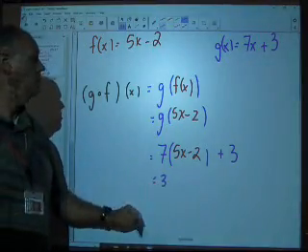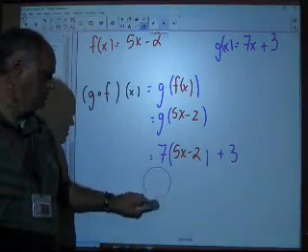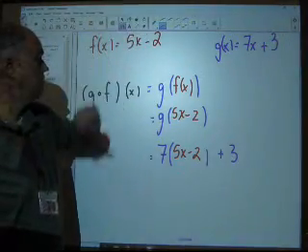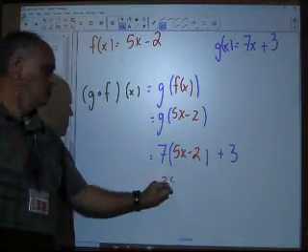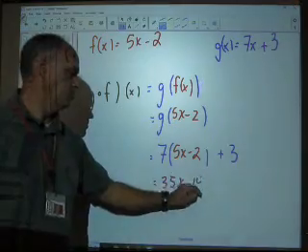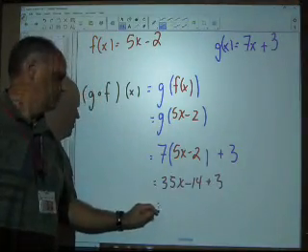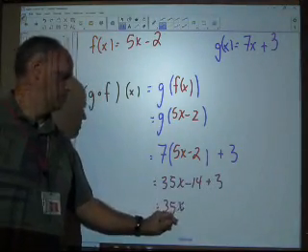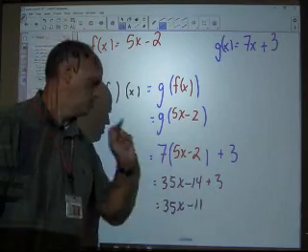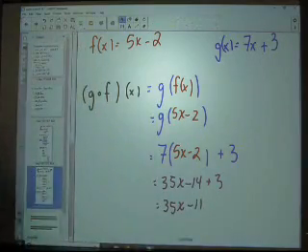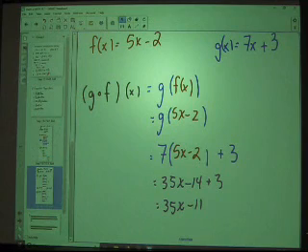So something like, I didn't like what I did. Is that what you got? 35x minus 11.